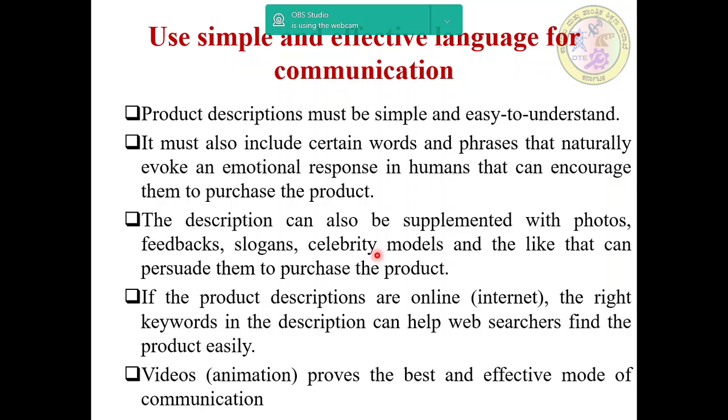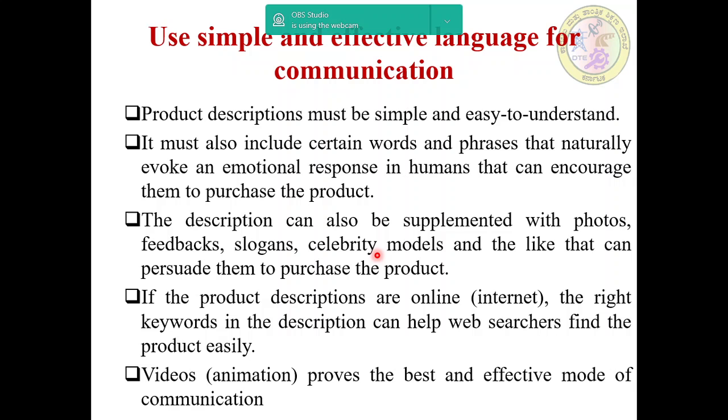And then next one is use simple and effective language for communication. That also is a very important criterion. Here the product description must be simple and easy to understand. It must also include certain words and phrases that naturally evoke an emotional response in humans that can encourage them to purchase the product.